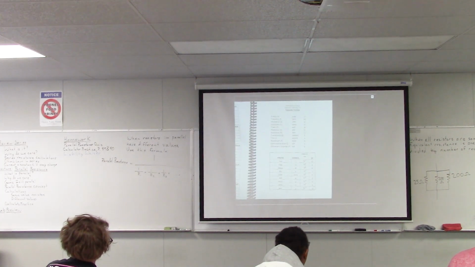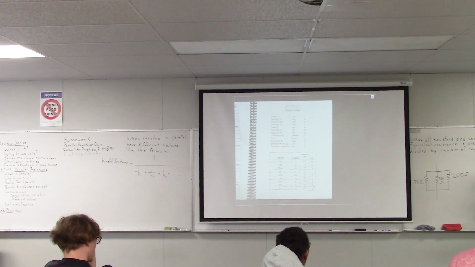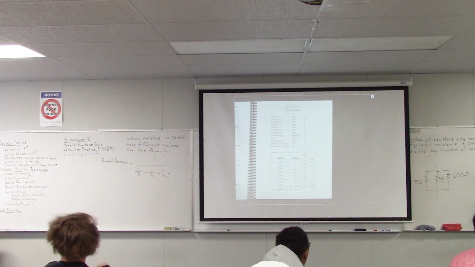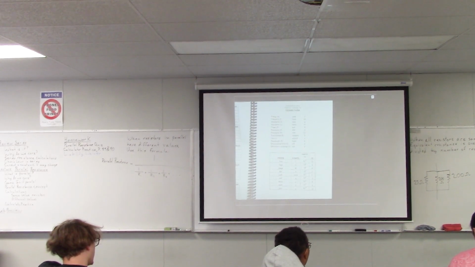Now we also have some negative powers there. So milli, that's 0.001, or it's 1/1000th. And it's also 10 to the negative 3 power.